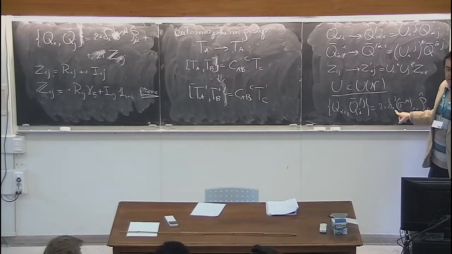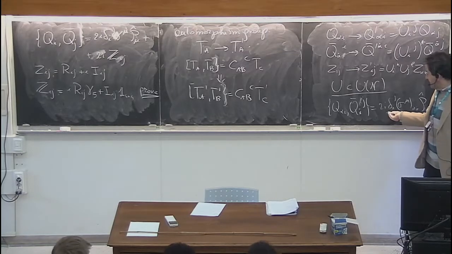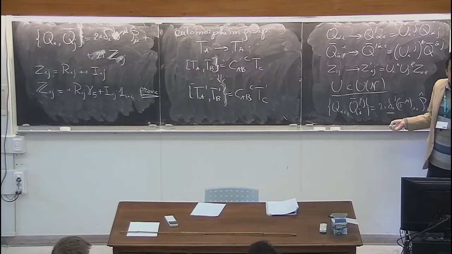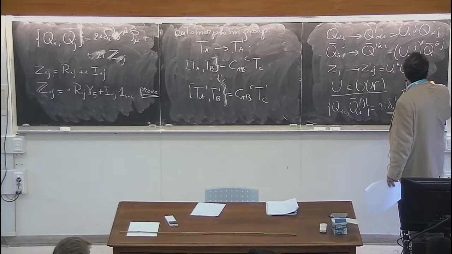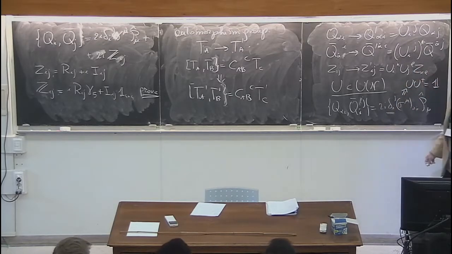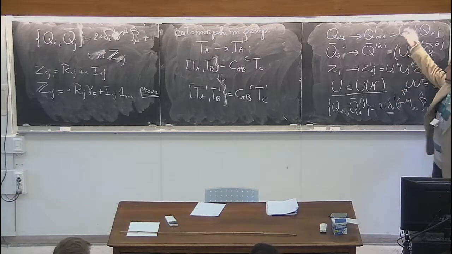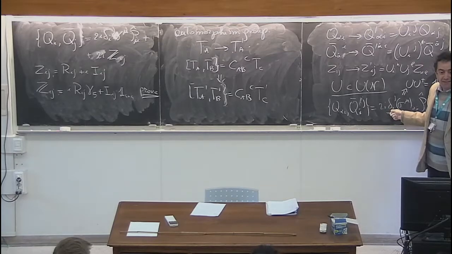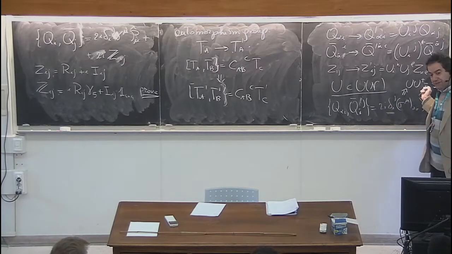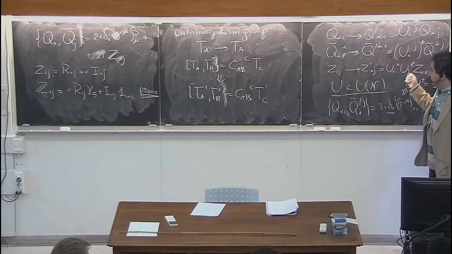But U is an automorphism only if it leaves the structure constants, like this delta, invariant. But this implies that U U dagger has to be 1. So in order for this transformation to be an automorphism, namely to leave this delta invariant, it has to be unitary.